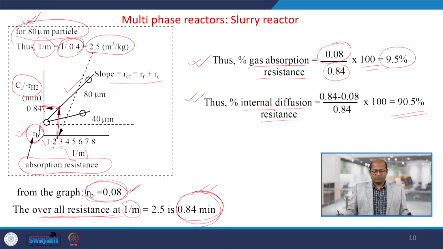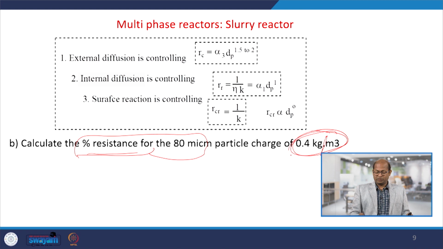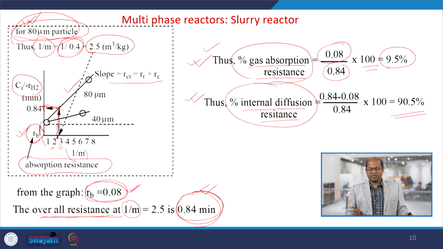Okay, so now it is clear how to find the percentage resistance for this gas, liquid, solid system, with a particular catalyst particle size and a particular amount of catalyst, 0.4 kg per meter cube, charged. Then we can find the individual resistances graphically, and also say which resistance dominates and by what percentage.